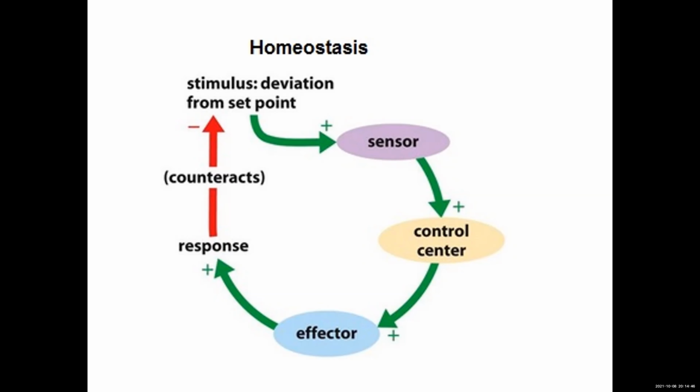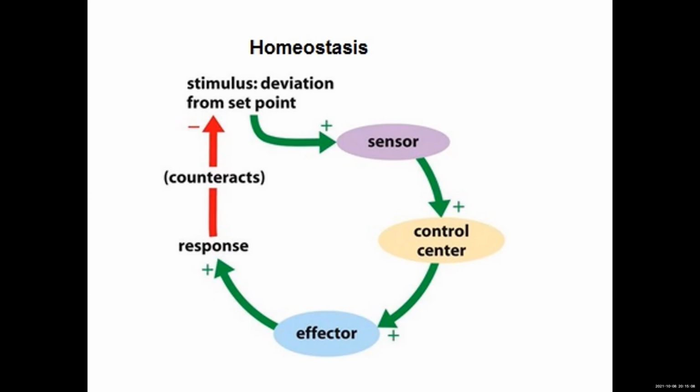So this red arrow on here with the negative sign is important because what has been turned on in the body is what's called a negative feedback loop, right? We see a loop here on this screen, but what it really means is that we've been deflected from our set point.